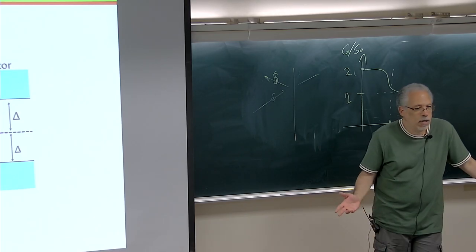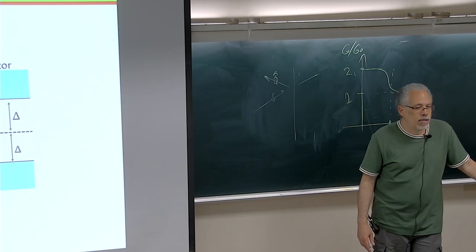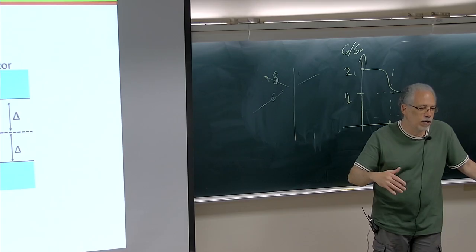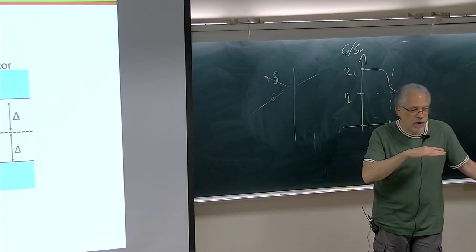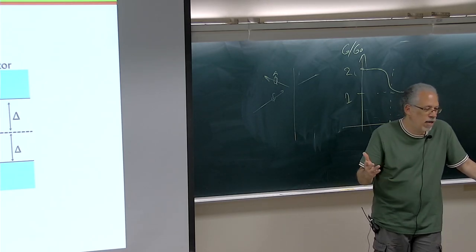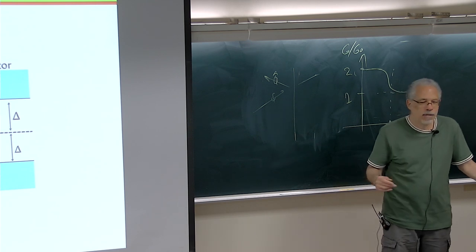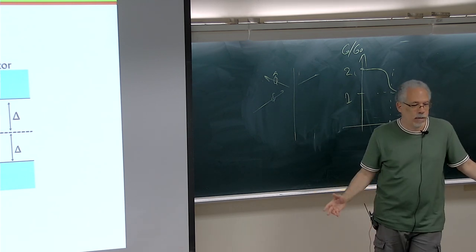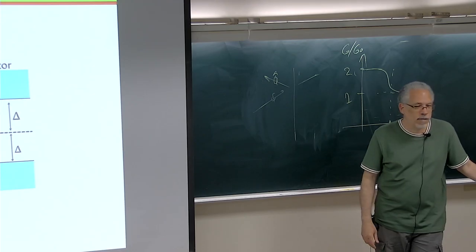If it's an intrinsic semiconductor, where the Fermi energy is in the middle of the gap, it's just like an insulator. There is no current. All right. So, any further question?